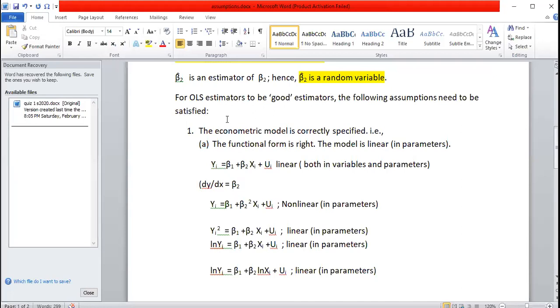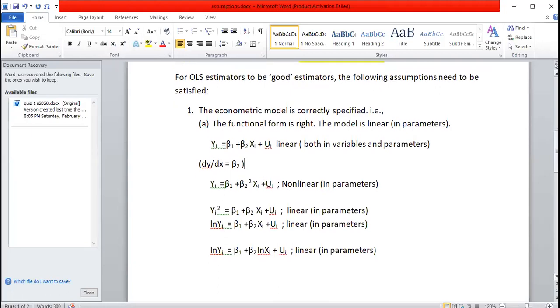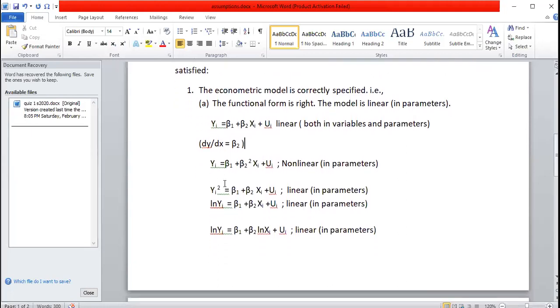I hope you already know this. Does everybody know how to interpret dy dx in this class? Yes, Professor. Okay, I take it as a yes.